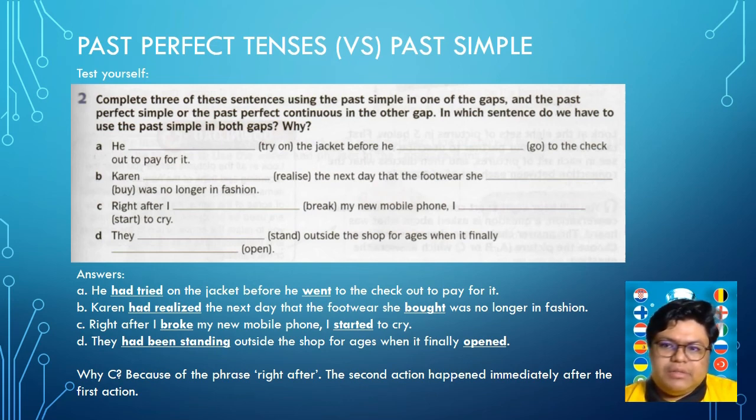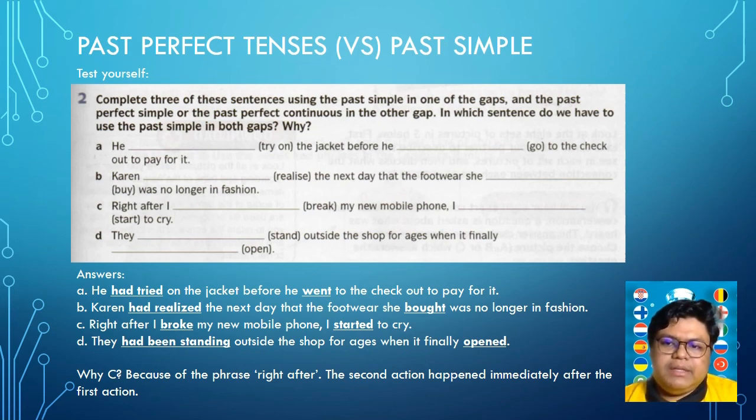It's a choice. Okay, B, Karen had realized the next day that the footwear she bought was no longer in fashion. Okay, so B, yang first gap tu boleh pilih sama ada dia nak tulis realized sahaja ke ataupun had realized.